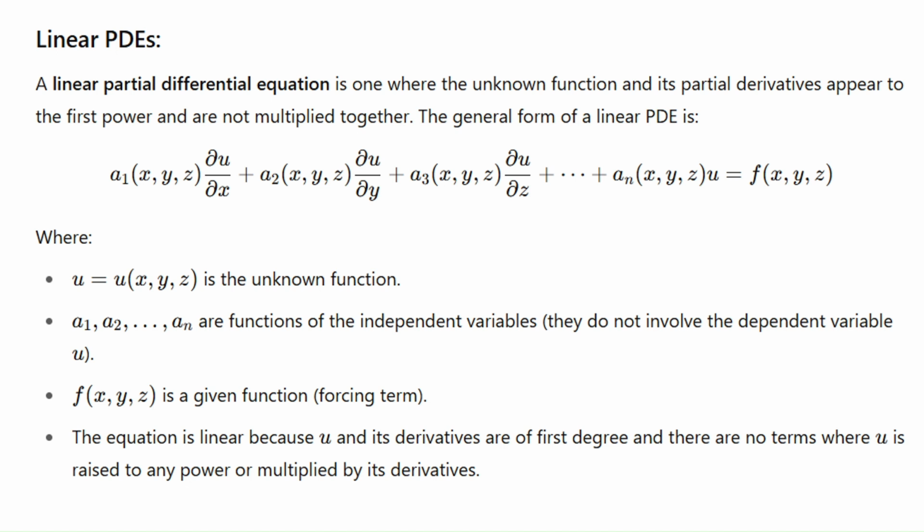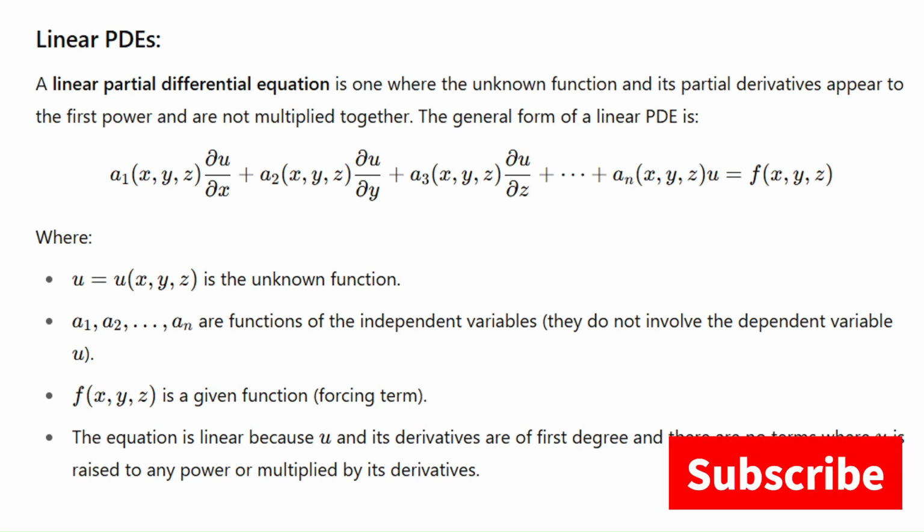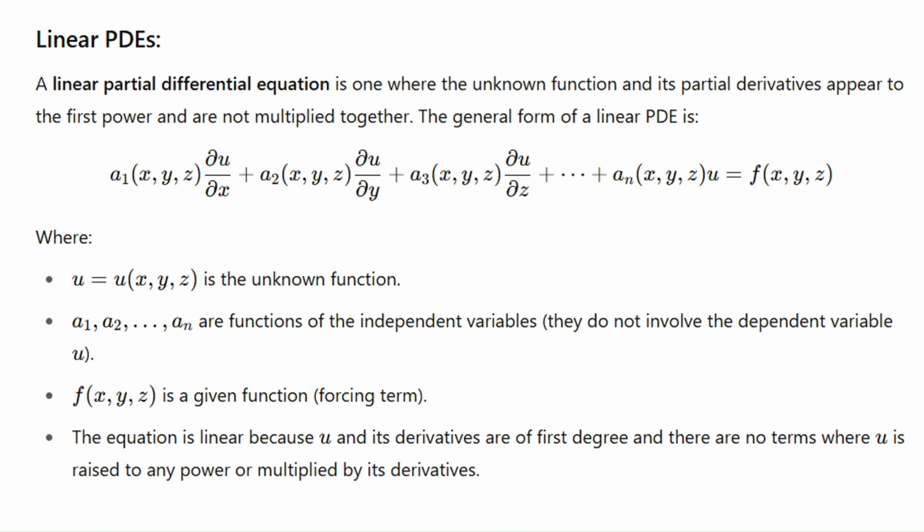The general form of a linear partial differential equation is a1(x,y,z) ∂u/∂x + a2(x,y,z) ∂u/∂y + a3(x,y,z) ∂u/∂z up to an(x,y,z) u = f(x,y,z), where u is the unknown function. a1, a2 up to an are functions of the independent variables.